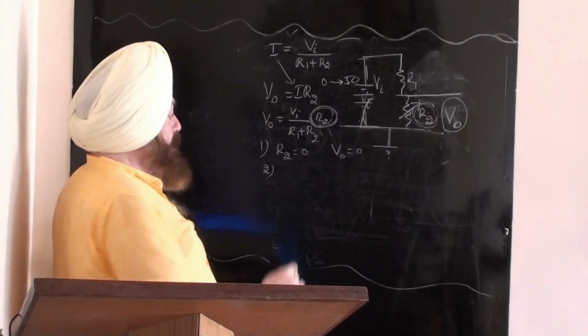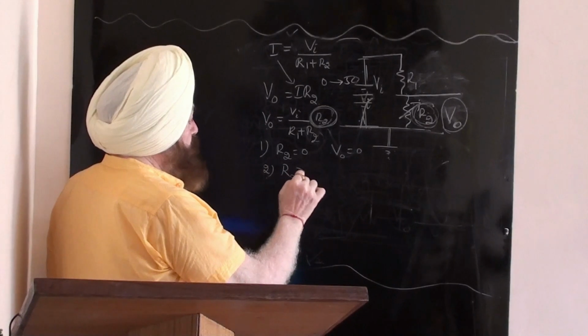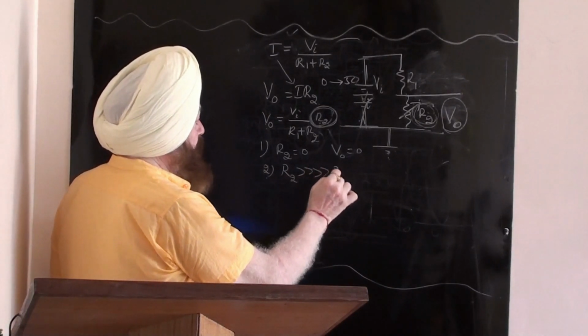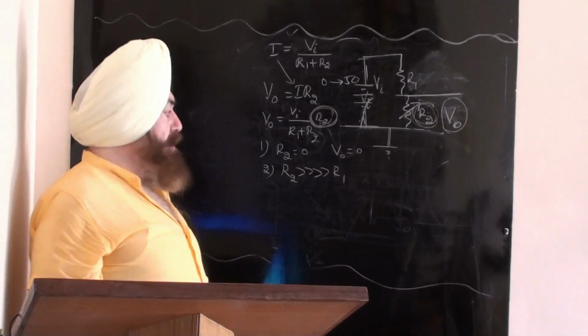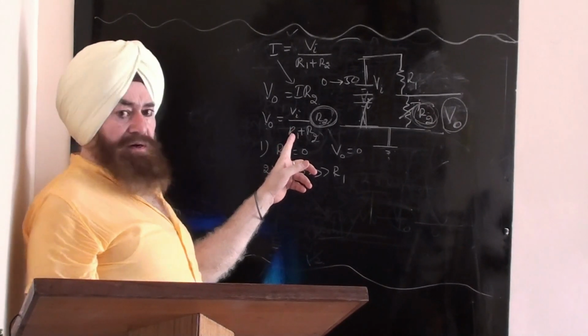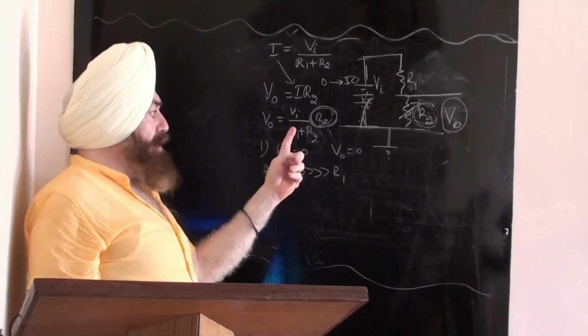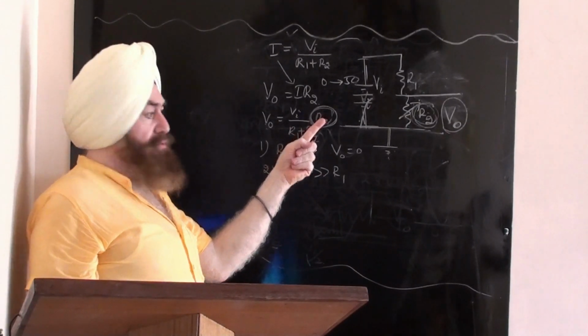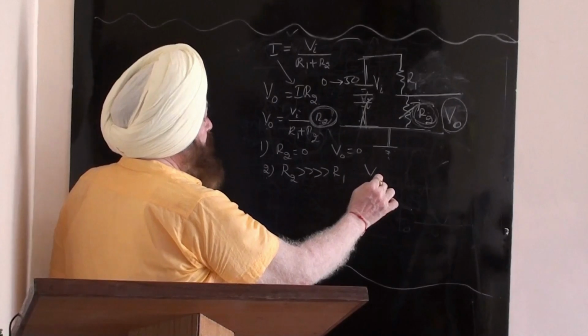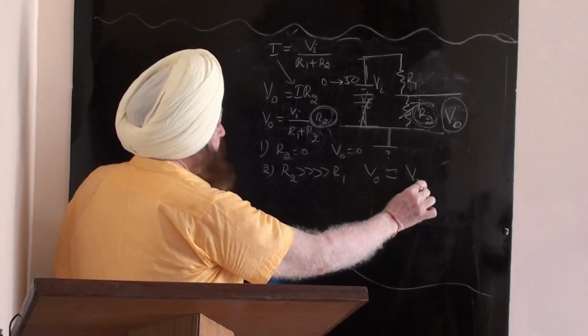Number 2, if R2 is very much greater than R1, then R1 is neglected from here. R2 cancels out, and the output follows the input.